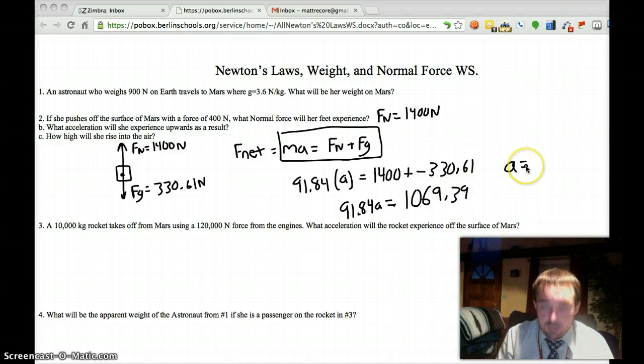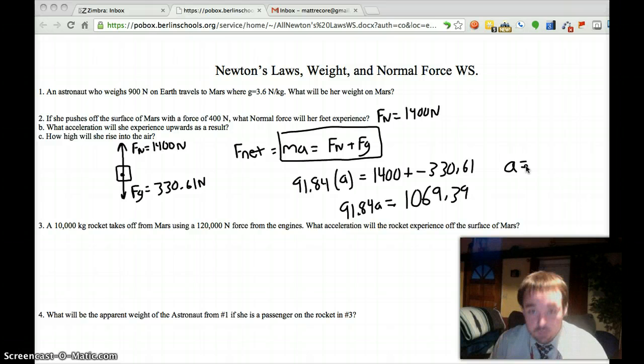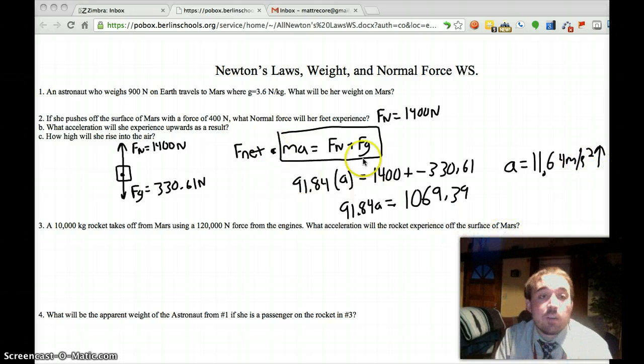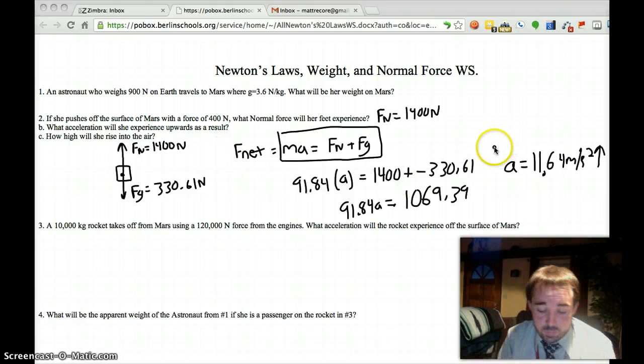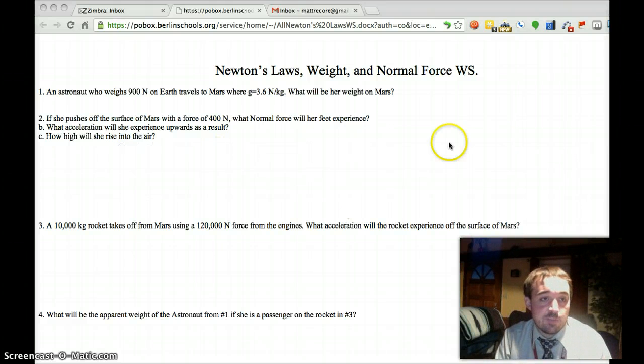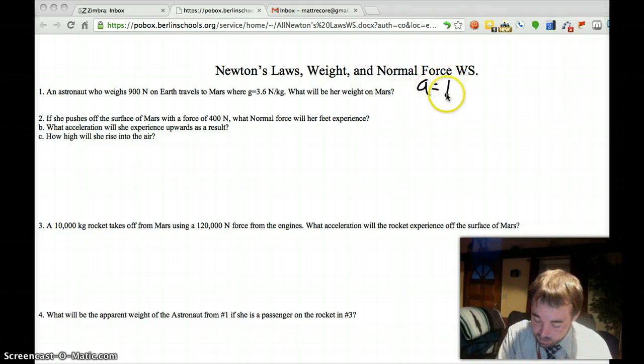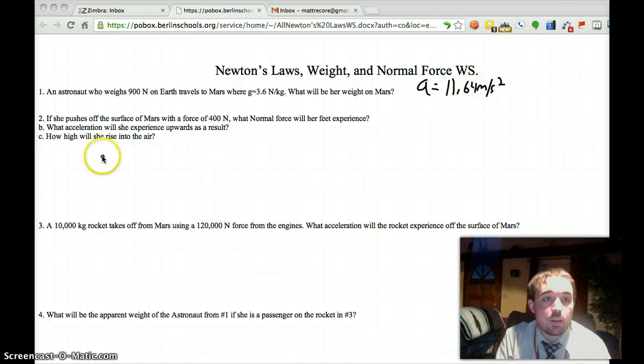Solve for a, divided by 91.84, and you're going to get 11.64 meters per second squared upward. So she is accelerating upwards at 11.64 meters per second squared. Going to write that. Her acceleration was 11.64 meters per second squared upward.